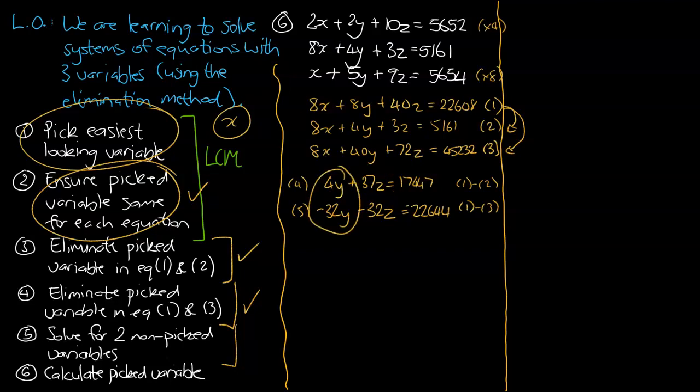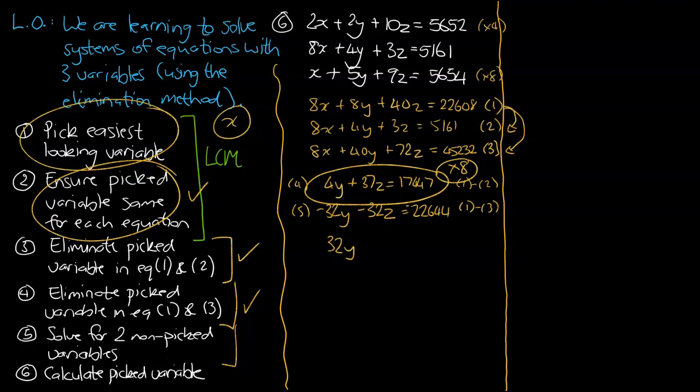But what I kind of like is 4y. If I times that by 8, I'm going to get to 32y. And I can cancel out the 32y's once I've done that. So what I'm looking to do, that equation there, I need to times everything by 8 to help me get a 32y. So let's start doing that. So 4y times 8 is 32y.